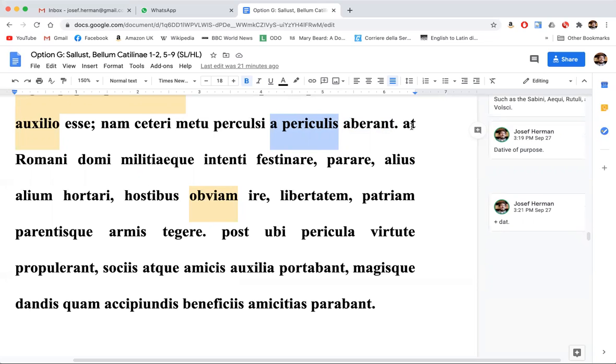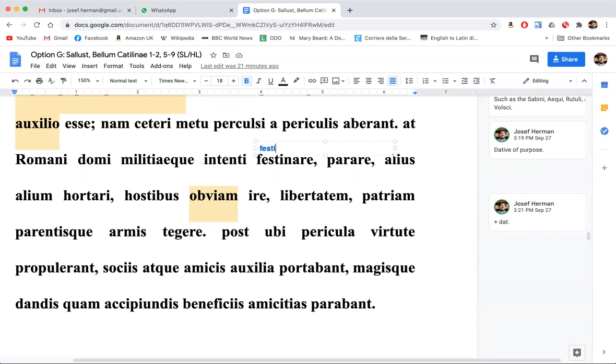Okay. And then Sallust gives us a big contrast between these rather feeble Roman allies and the very strong and impressive Romans themselves. At Romani, but the Romans, intenti, alert, focused, domi militiaeque, at home and on campaign. And then we have a whole number of historic infinitives, which again we need to imagine are imperfect tense verbs.